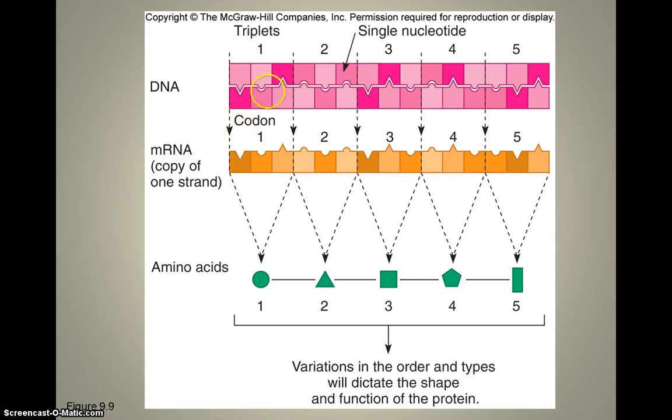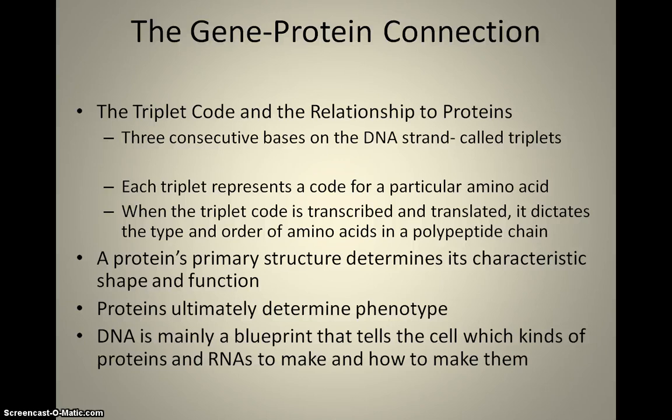So the DNA is read in threes. We create this triplet, or codon, of messenger RNA, and every codon associates to some specific amino acid and is going to determine what our amino acid sequence is.